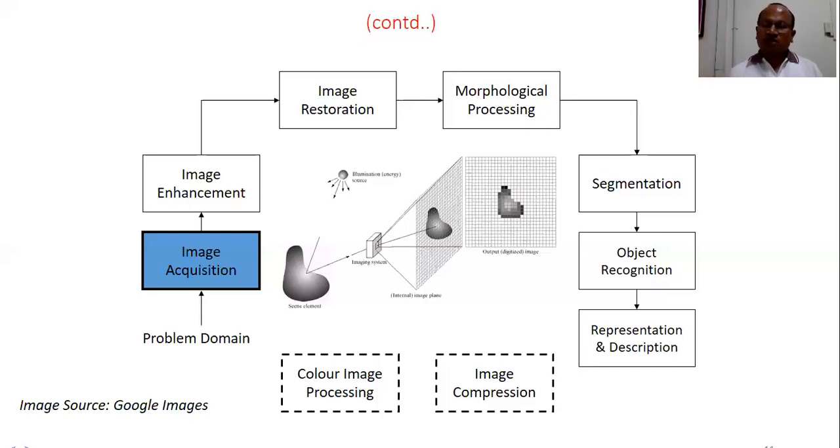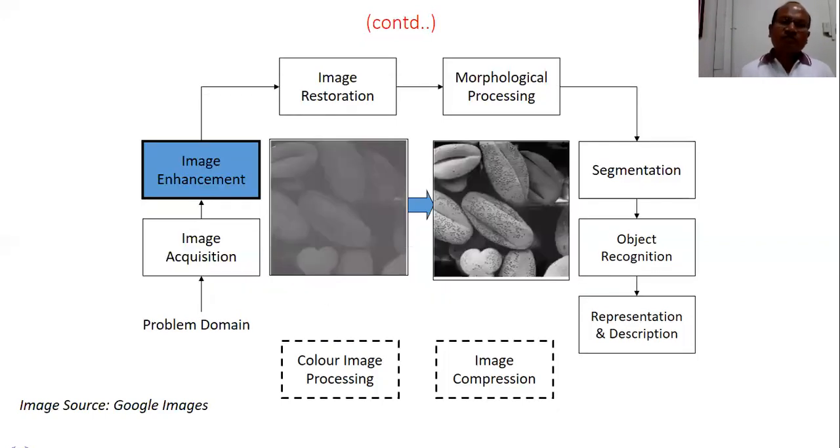These are the points of discussion. But what is image acquisition? Let's just sum up. Image acquisition is the stage or component of image processing where the image is captured or acquired. What is more important is how you capture and what quality of image you capture. That is very important.